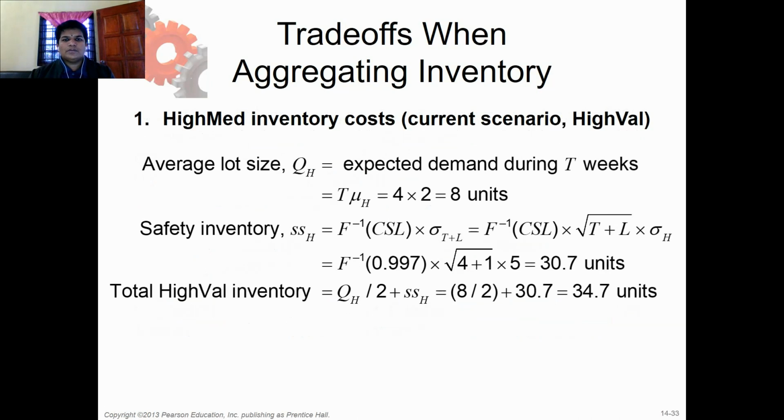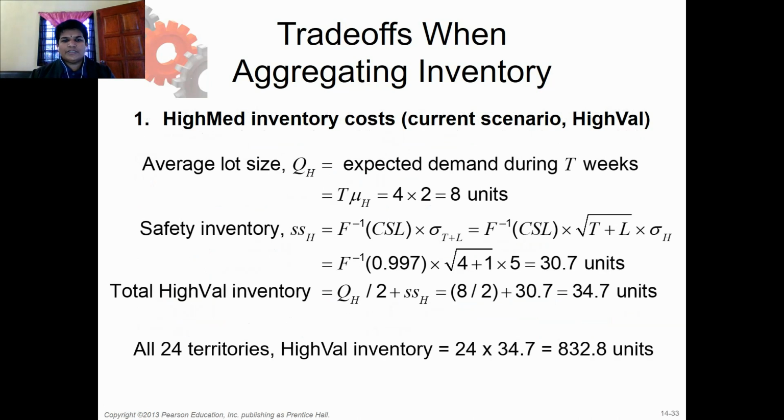Okay, so these are the calculations. For all 24 territories, the inventory, okay, so 24 times 34.7, you will get 832.8 units. Okay, we already looked at the previous chapter on safety inventory, how to get these numbers.